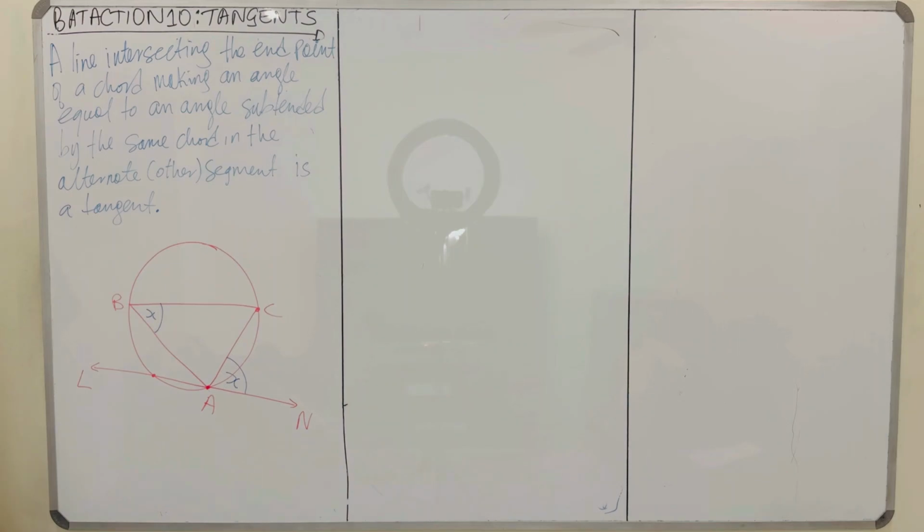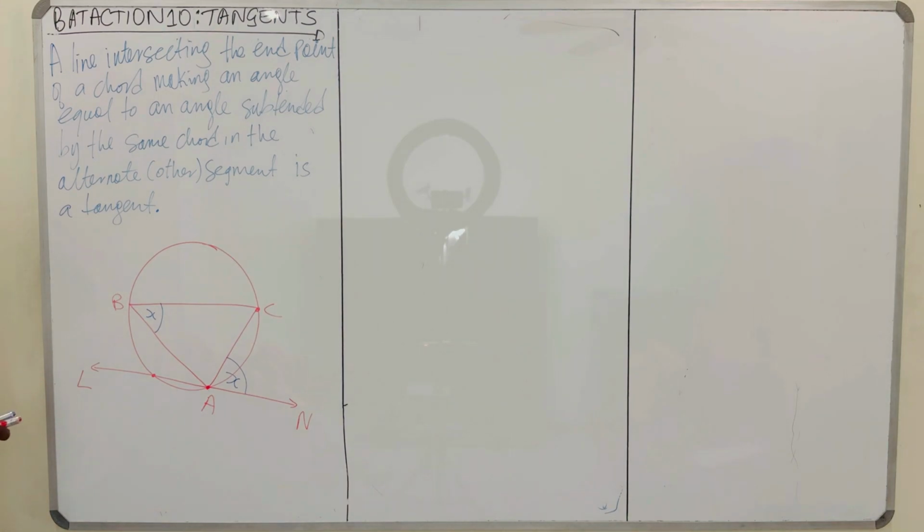Are you following? So let's try to read it. A line intersecting the end point of a chord, making an angle equal to an angle subtended by the same chord in the alternate segment, is a tangent.